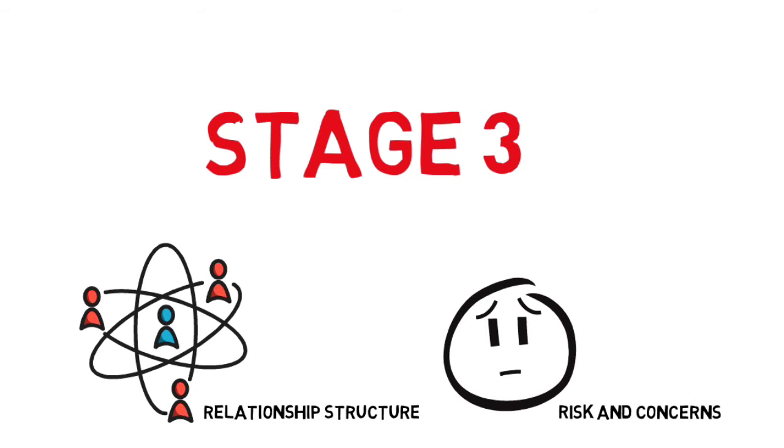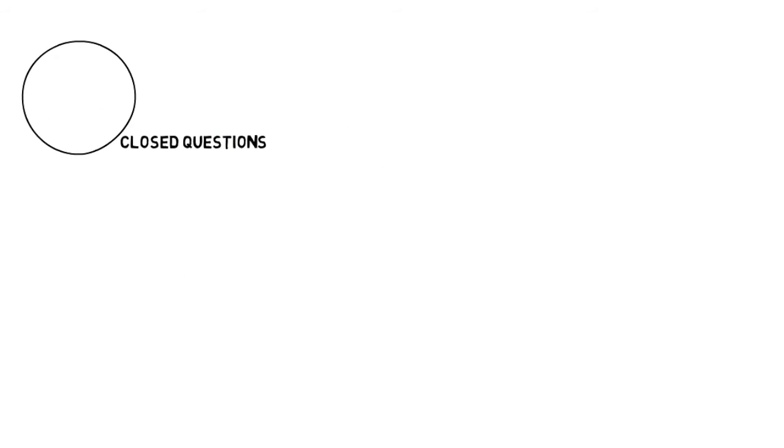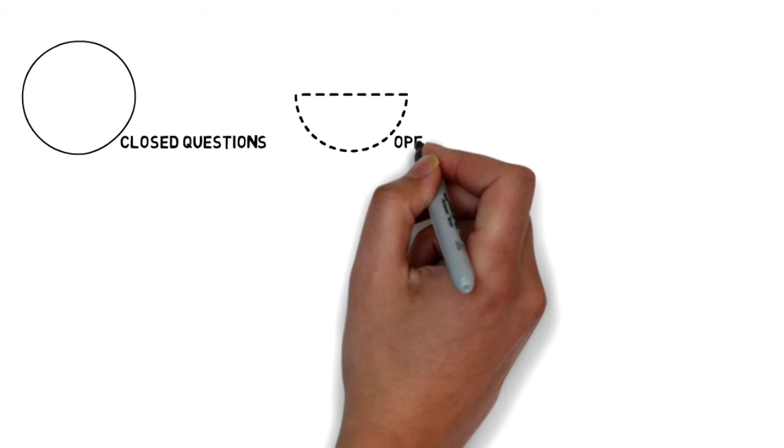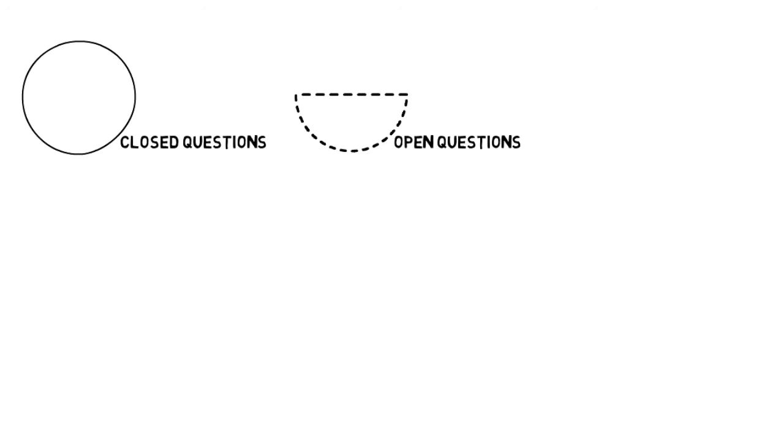In terms of asking questions, you can ask closed questions, that is, questions that will give you a yes or no answer in order to get a confirmation. You can ask open questions, that is, questions beginning with who, what, when, where, why, and how, so that you can get more information.